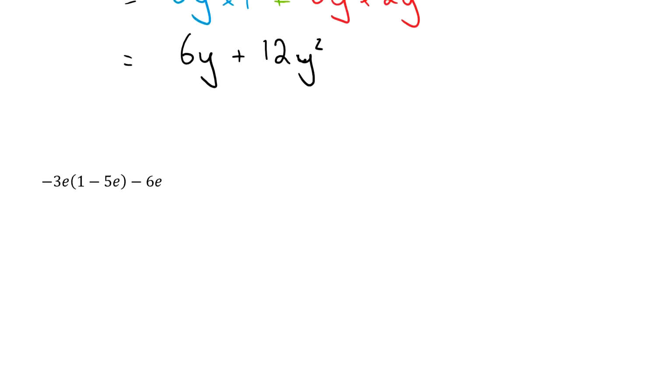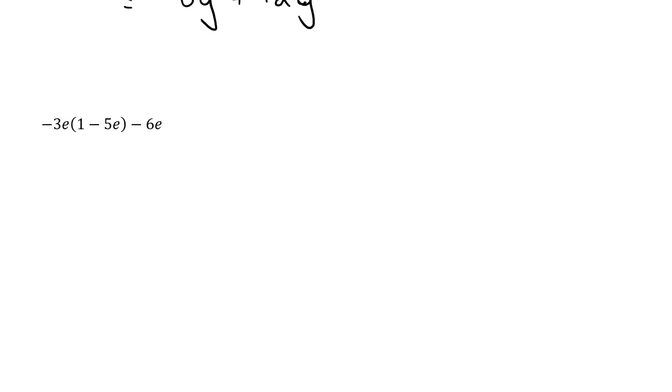Now we're going to look at a little bit more of a complex one where we've got an extra term at the back there. Now because that term at the back is not connected to the brackets whatsoever, we do not need to involve it in our first step. So the first step is always to expand. Bracket 1. We draw our arrows.